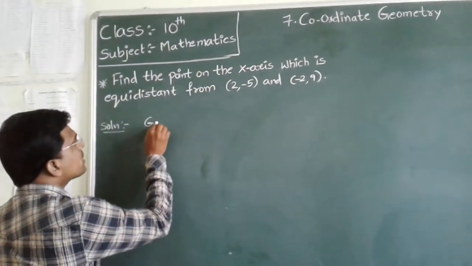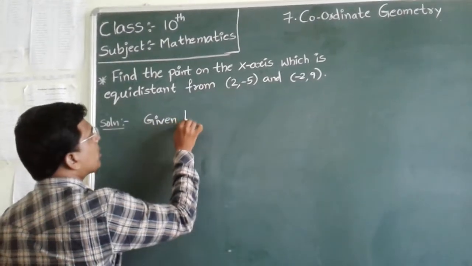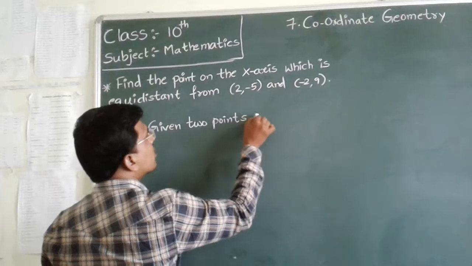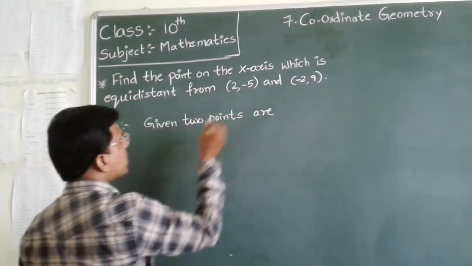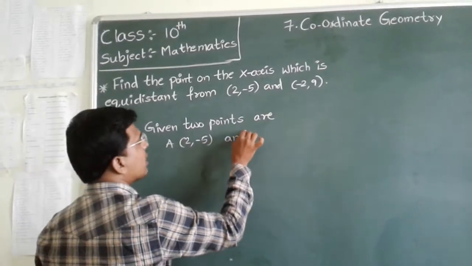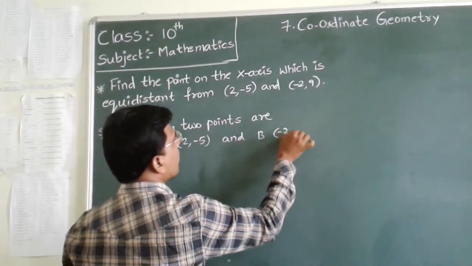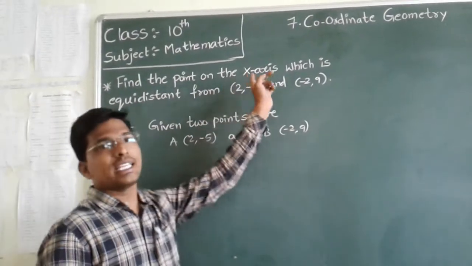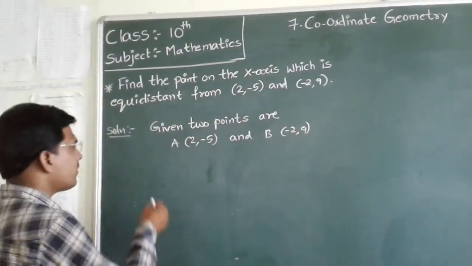So the given 2 points are: assume the first one as A (2, -5) and the next one B as (-2, 9). One point is lying on the x-axis. On the x-axis, how will the point be?